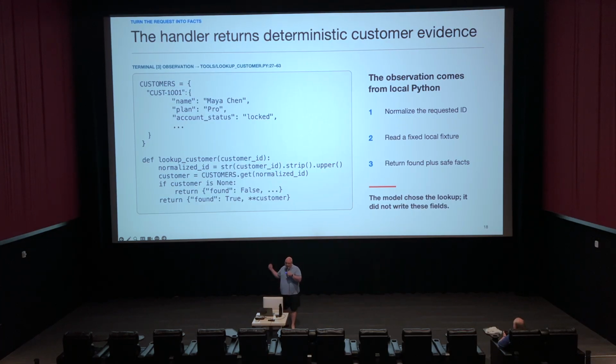Another thing it does when you pass it in is normalize customer IDs, just kind of standard app input sanitization. And the application has fixtures, right? So again, it needs data. Using tools in an agentic application doesn't really help unless there's actual information that it's going to get.